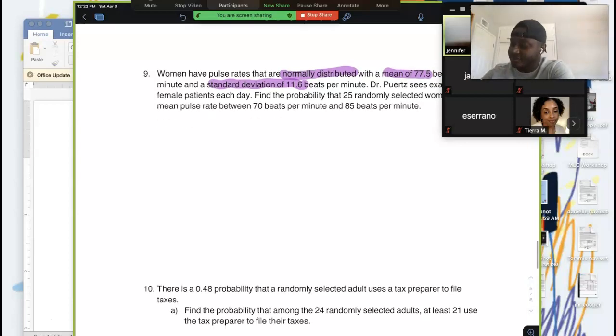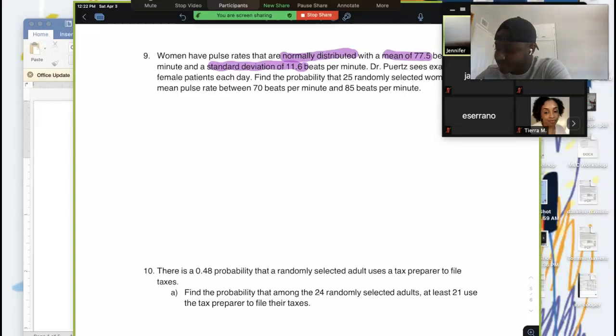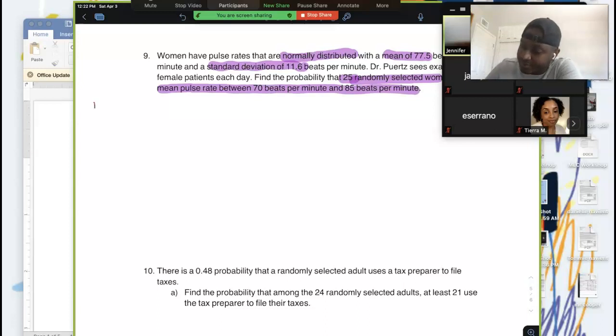All right, so for number 9, we are going to start off with that. We want to find the probability that 25 randomly selected women have a mean pulse rate between 70 and 85 beats per minute. So we want the probability that X is between 70 and 85.